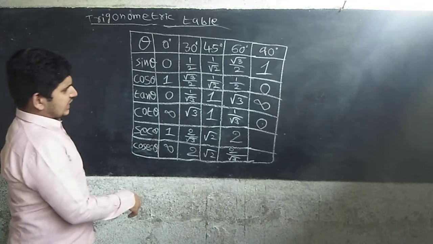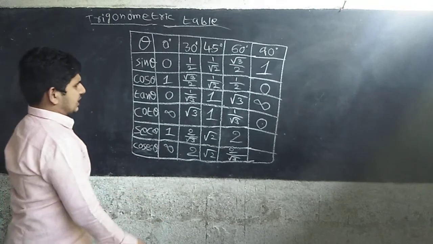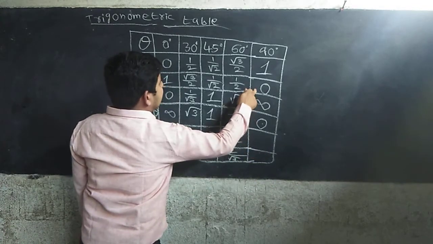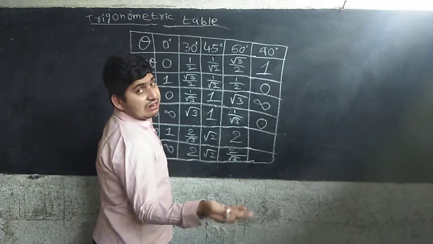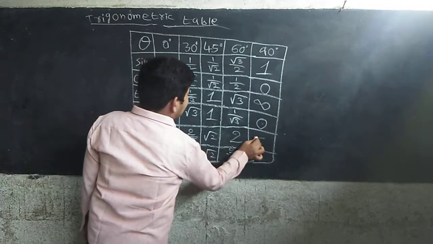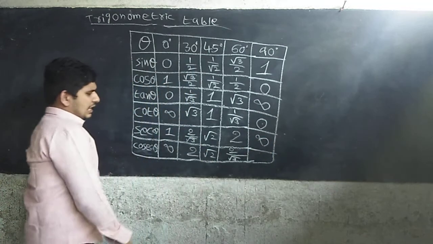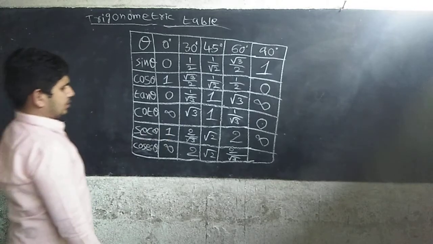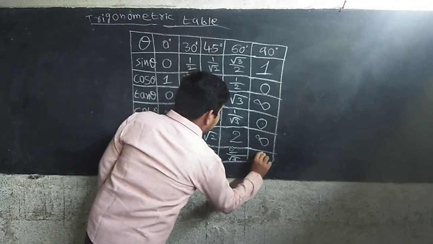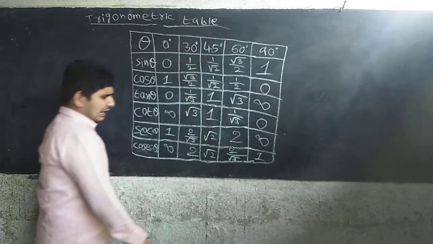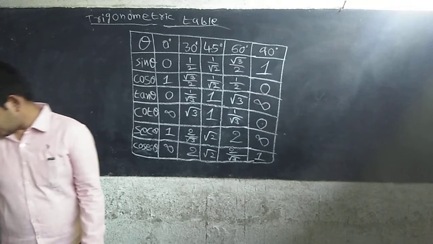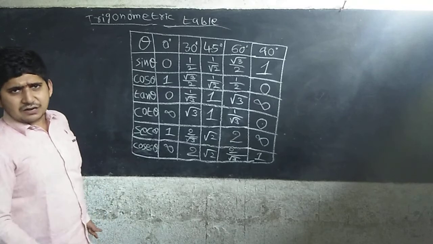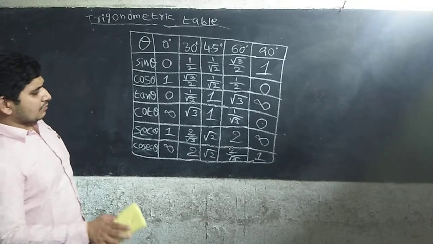Now sec 90 equals infinite, since sec 90 is 1 by cos 90, which is 1 by 0, an infinite value. Now cosec 90 equals 1. These are the trigonometric ratio values for all specific angles.